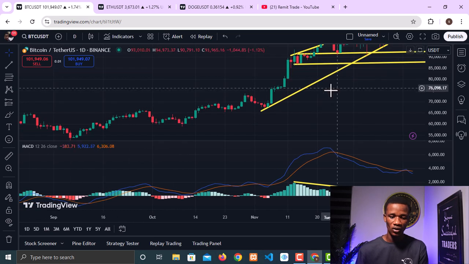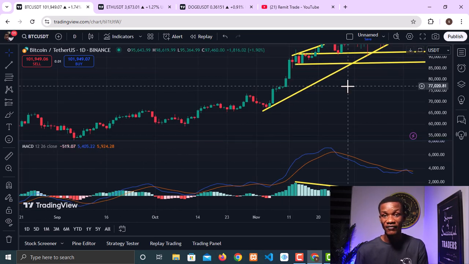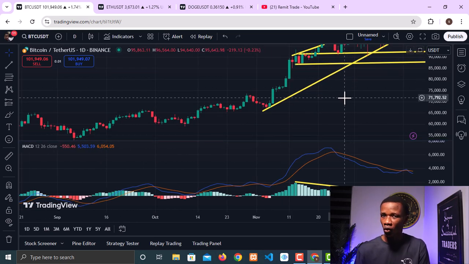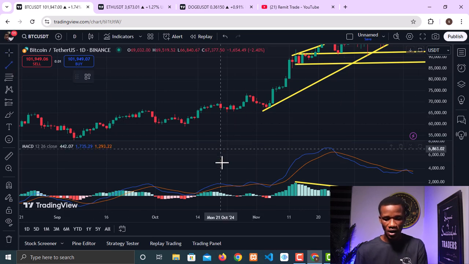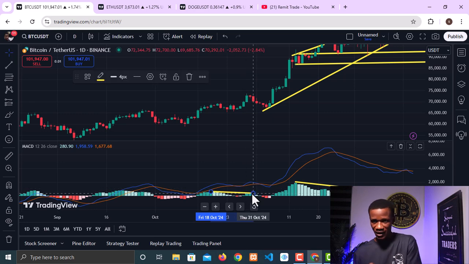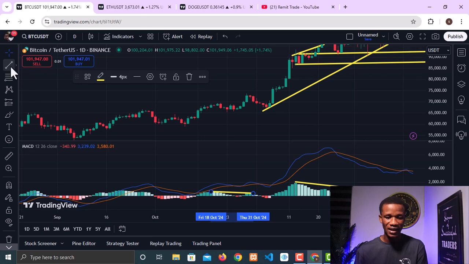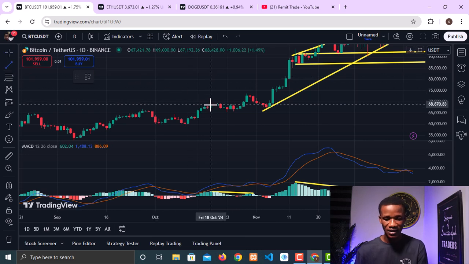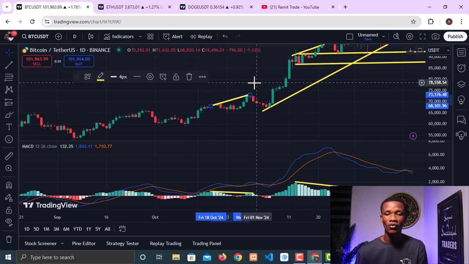One thing that is also important on this chart is that this very divergence occurred before in October. Look at it right at this very point. We have a divergence right at this very area. Okay, the market came back down. There's a slope downward. And if you look at the price action at this very point, the market is moving upward, which means there is a bearish divergence.